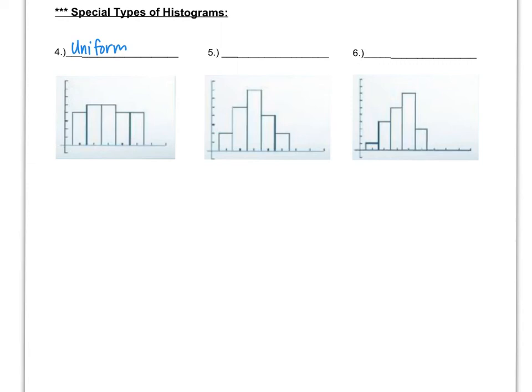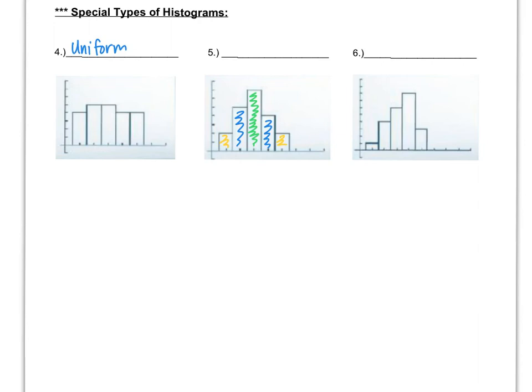The second one here, if this bar was kind of like my middle, we've got 5 bars, with that one in the middle. And then we look at the other sides, this bar and this bar.